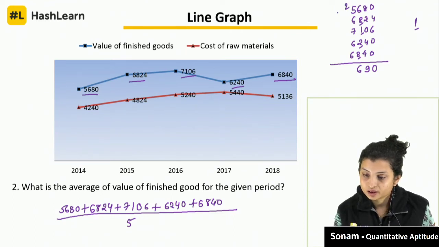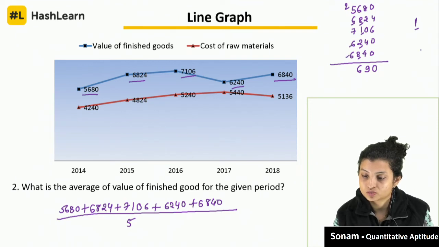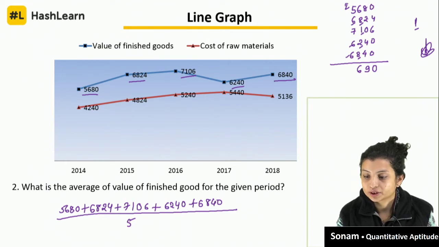Then let's add it. So 6, 6 and this 6. So this will make it 18, right? 18 plus this 5, that is 22. 22 plus this another 2, 24.